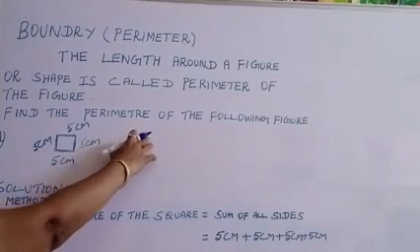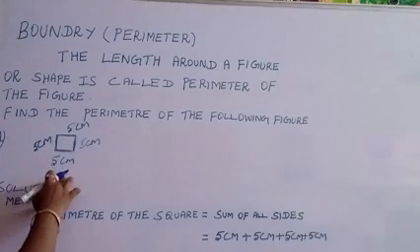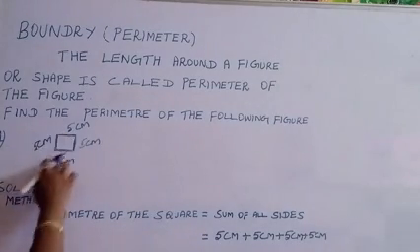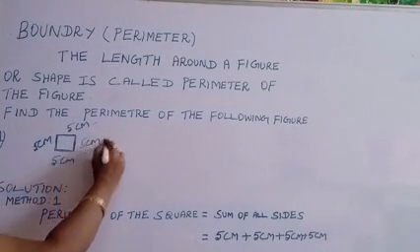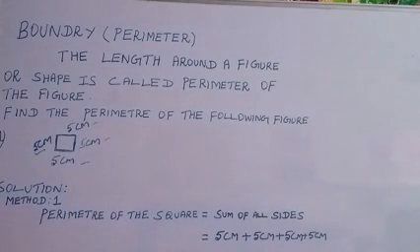The sum of all sides is equal to one side, here given 5 centimeter. The given figure is a square, so the rest of the sides are also 5 centimeter. How many sides here? 4 sides: 5 plus 5 plus 5 plus 5. So, I write here 4 times 5. 5 plus 5, 10. 10 plus 5, 15.